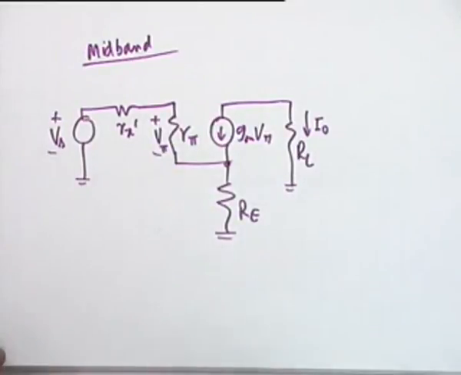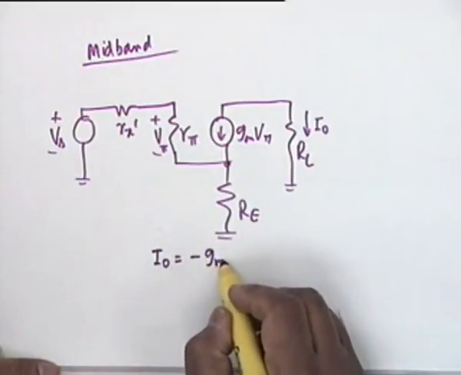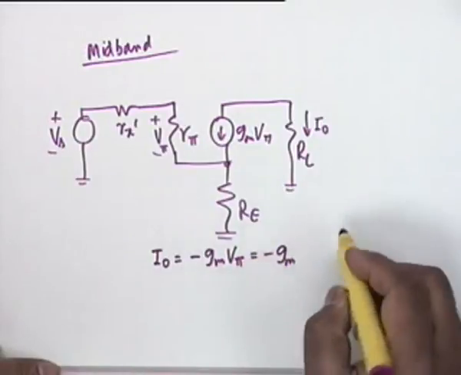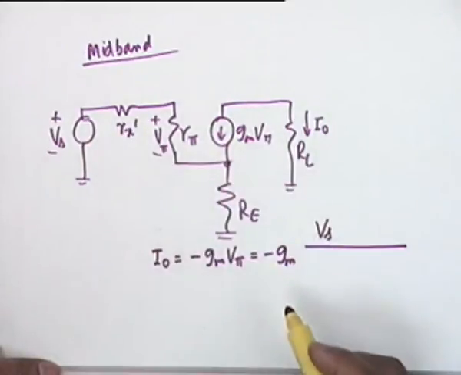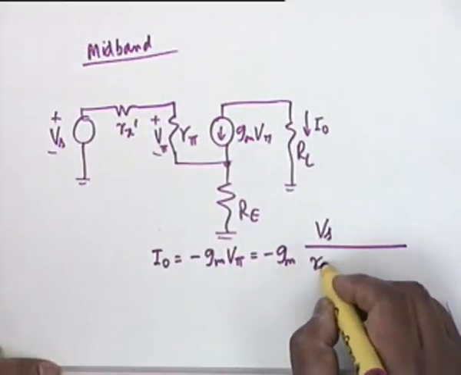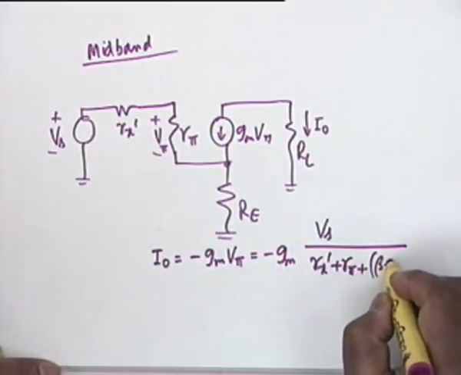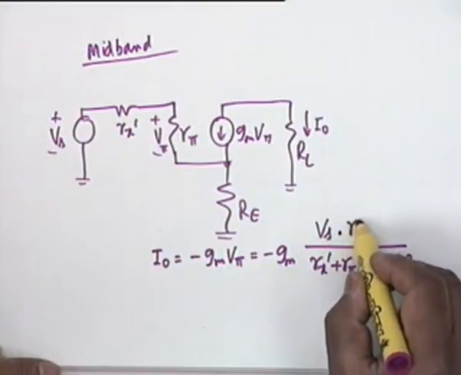It should be obvious what the transfer function is. We don't have to write any node equations. We simply write I0 is equal to -gm Vπ. And what is Vπ? Vπ is Vs divided by the current. The current is Rx' plus Rπ plus (β+1)Re, but you have to multiply this by Rπ.